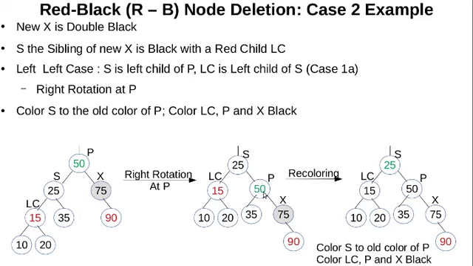P is colored black to contribute blackness in this part of the subtree. This permits a decrease in blackness of node X. So the color of X is changed from double black to black. The resultant tree is shown here and it satisfies all the red-black tree properties.